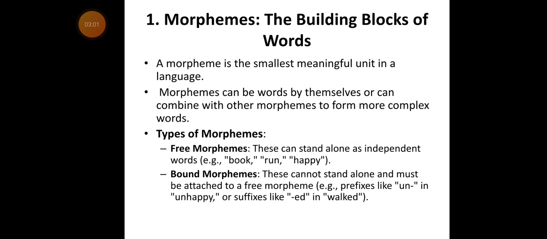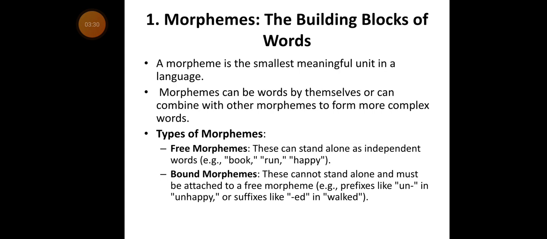Now come to the bound morphemes. These cannot stand alone and must be attached to a free morpheme. In a bound morpheme, the word itself is meaningless. We need a free morpheme to be attached to make it meaningful. For example, we have suffixes and prefixes in English grammar. Here we have the prefix un.